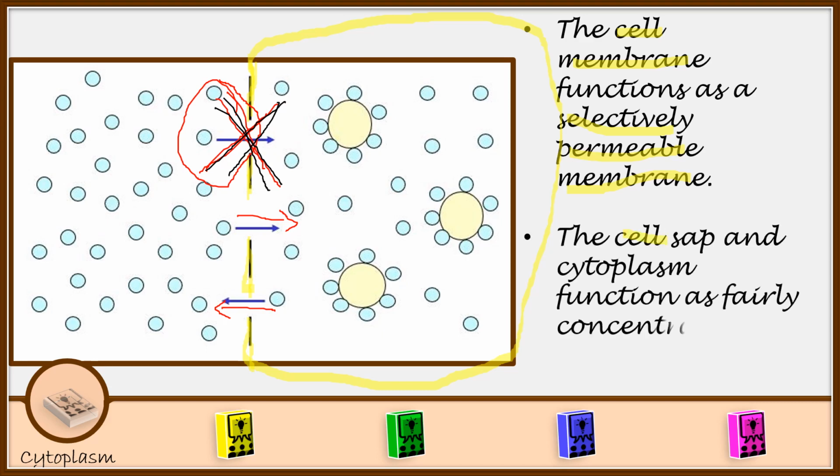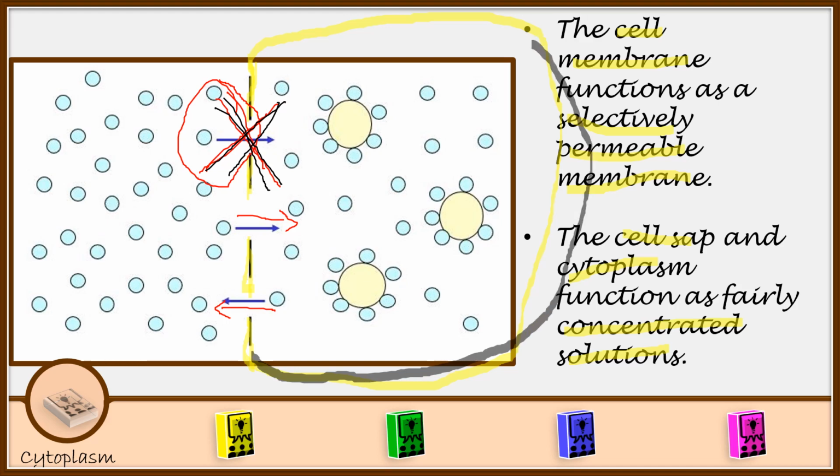The cell sap and cytoplasm function as a fairly concentrated solution. So we are looking here and saying that this one is our cell, and it has pores, which allow some materials to go through and others not to go through.